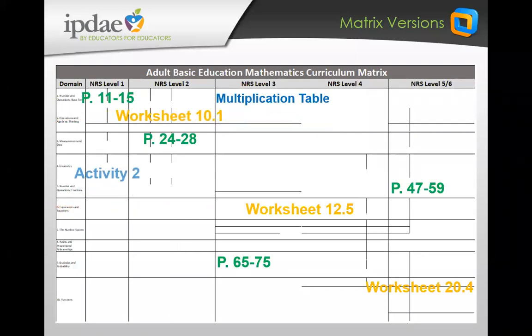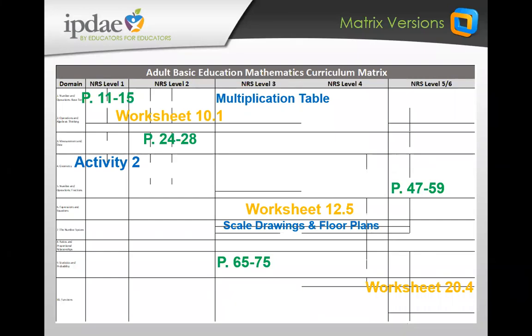We also created a blank matrix, so you can annotate your own and use it as a resource guide. You can put in page numbers of textbooks or packets that you have, worksheet numbers, activity numbers, certain activities that you do, information that you downloaded online, and lessons that you've downloaded from the IPDAE website.